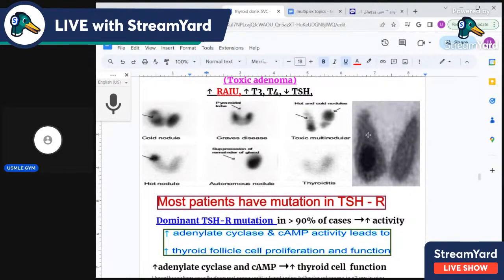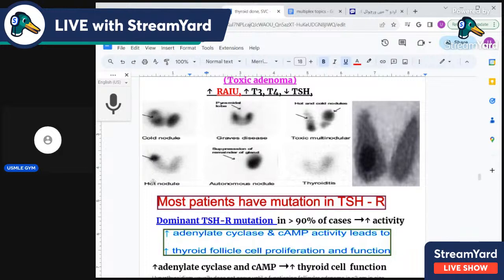See here, this is the hot nodule that takes more radioactive iodine. The radioactive iodine concentrates more in the hyperactive nodule, but the remaining thyroid tissue is hypoactive and takes less radioactive iodine. Here is a cold nodule taking less, but this one is a hot nodule.